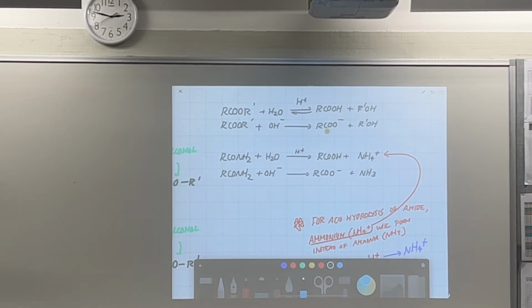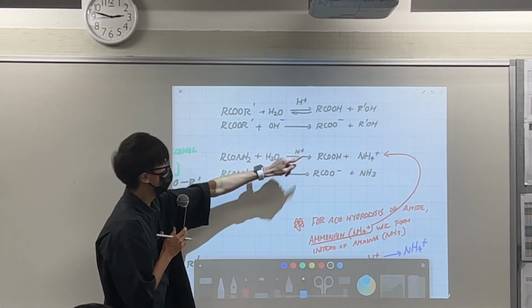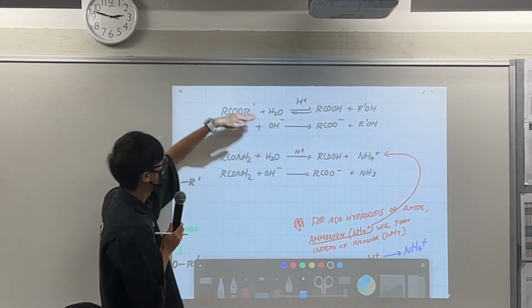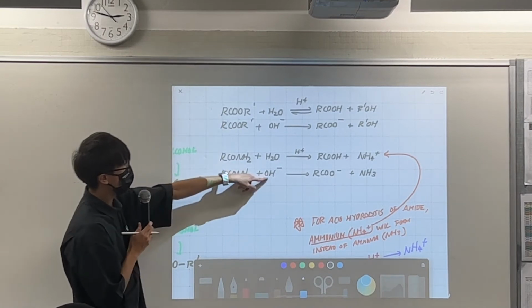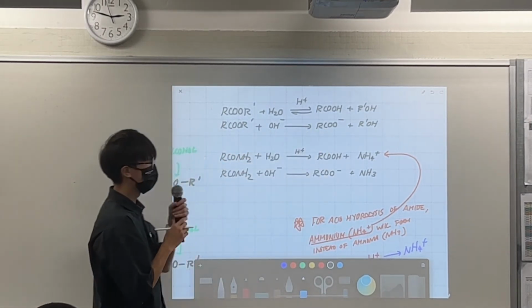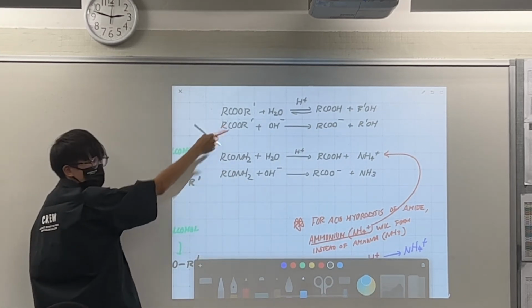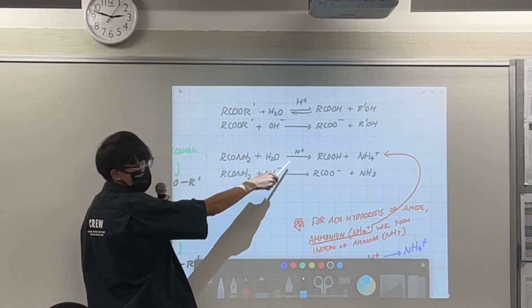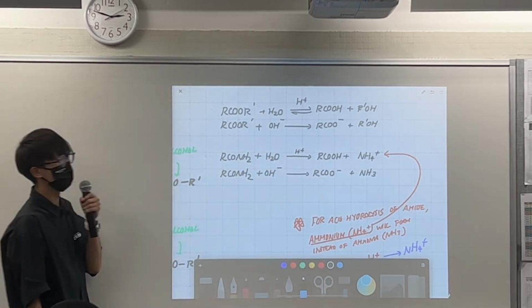When we hydrolyze ester and amide by acid, one of the products will be carboxylic acid. And when we hydrolyze ester and amide with alkali, one of the products is carboxylate. So by this point, everyone here will agree that they are very similar. The reversibility of the reaction is not similar, but the products are very similar.